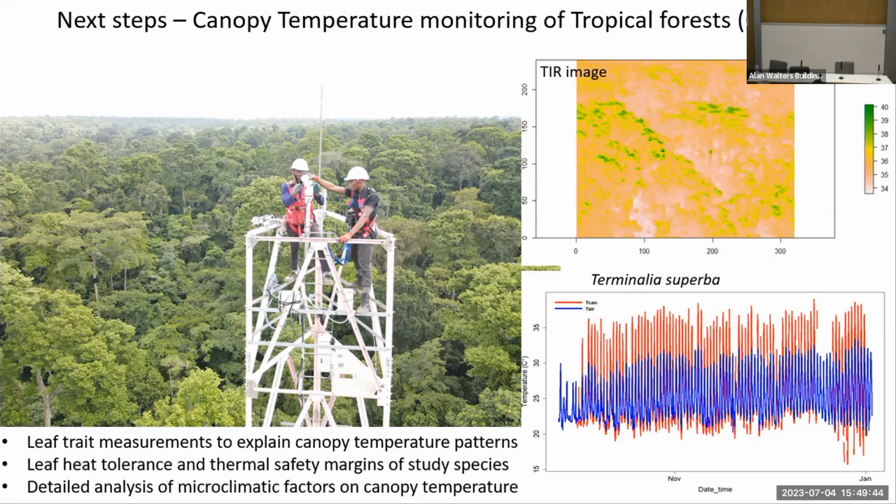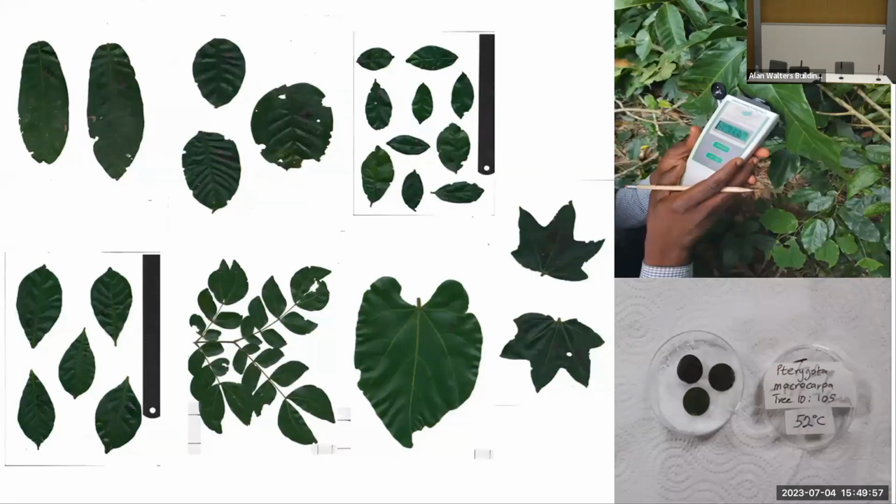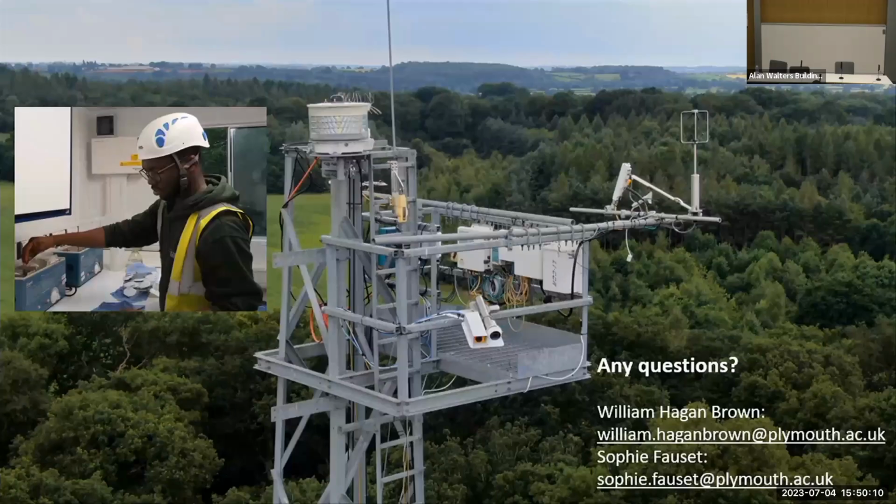Here we have temperatures reaching 40 degrees at the site that we are working at, and most of the species have leaf temperatures higher than the air temperature. So it will be interesting to also look at these kinds of measurements. We are also undertaking some trait measurements in order to parameterize or understand the mechanisms behind the temperatures that we are observing in the tropics.